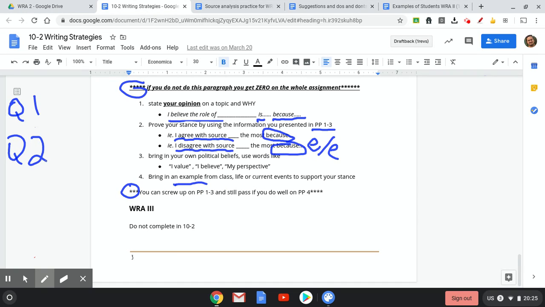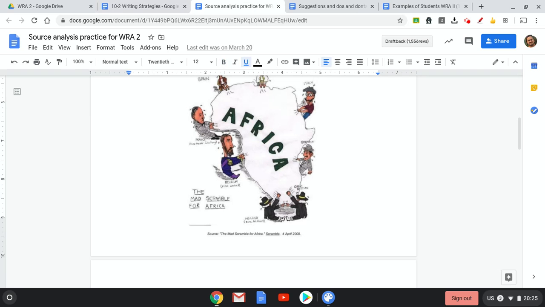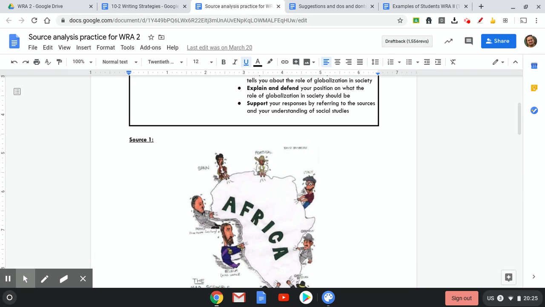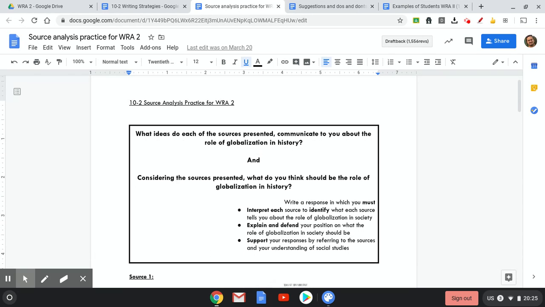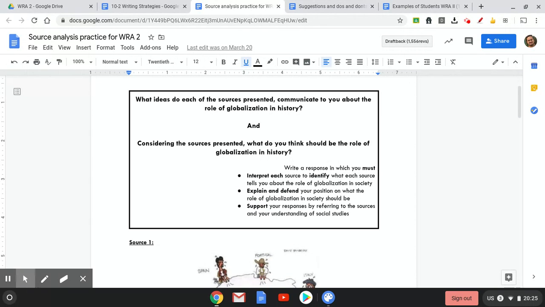So 4 paragraphs. Now, let's do a practice. This is what it would look like. So this is what Unit 2.1 would look like. What do each of the sources presented communicate to you about the role of globalization in history? And considering the sources presented, what do you think should be the role of globalization in history?